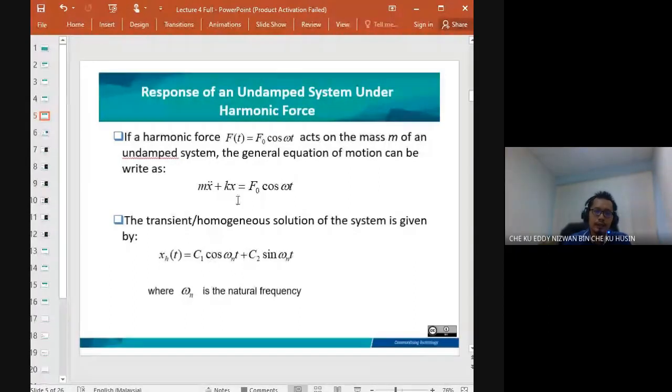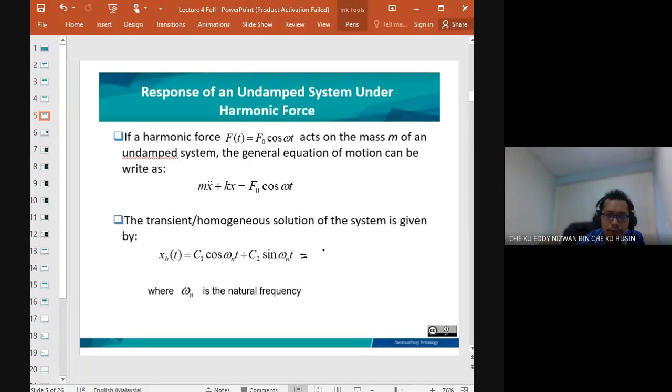So the equation can be represented in this formula. M is the mass of the system, the equivalent mass, and K equivalent, equal to F naught cos omega t. And then the transient solution can be represented as this one, which is the same as last week. So cos and sine are actually the same, equivalent to A sine omega n t plus psi.